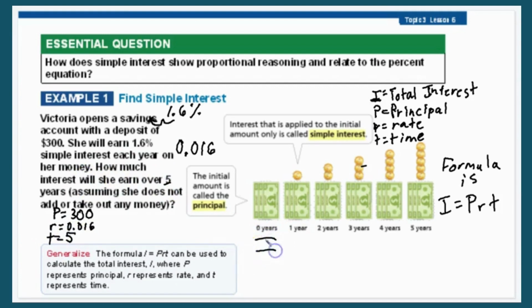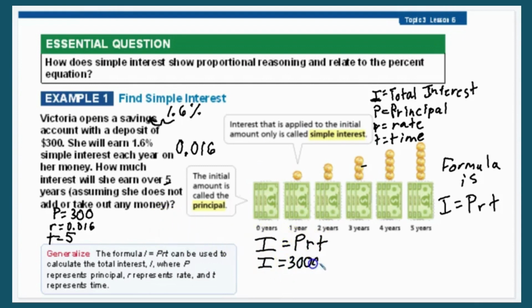So let's set up that formula. I equals PRT. Oh, no. Bad looking R. PRT. So we know I is still the same because we don't know what it is yet. But we know principal is 300.